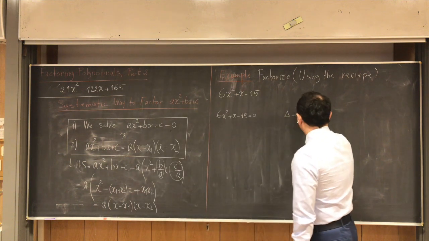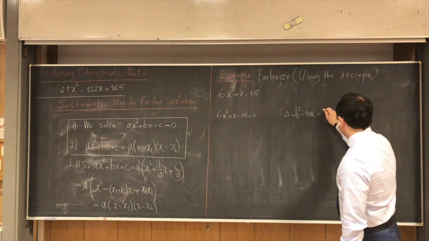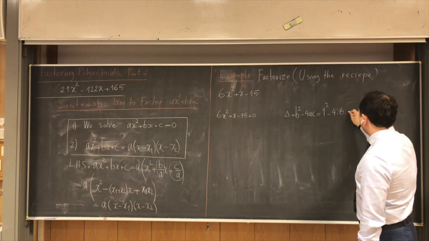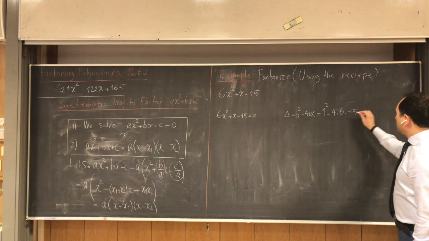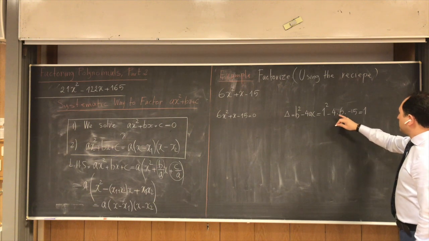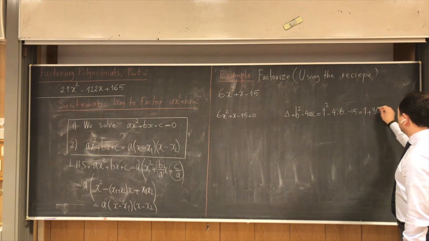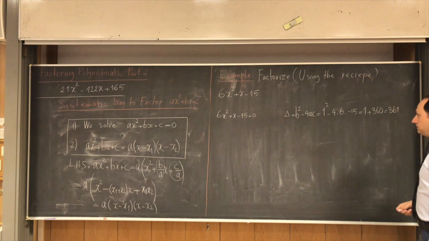Delta is b squared minus 4ac. But b is 1, so 1 to the 2 minus 4 times a times c, which is minus 15. This becomes 1, and then this becomes positive 360, so this becomes 361, okay?